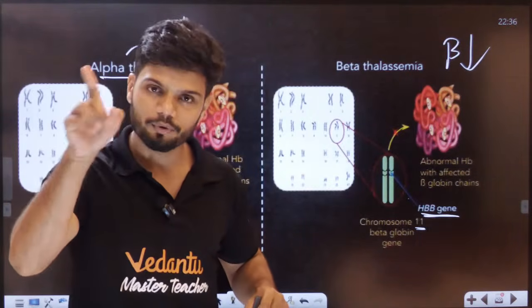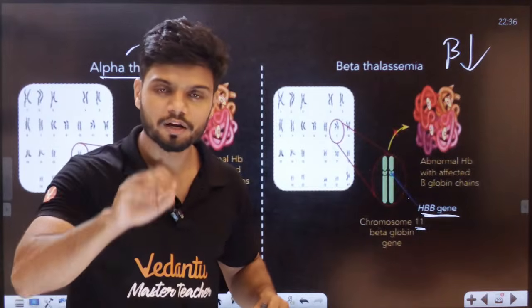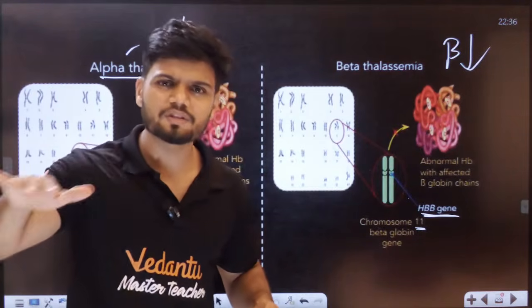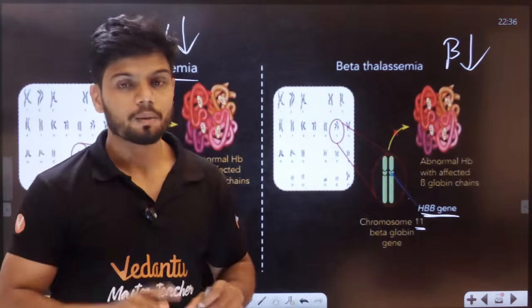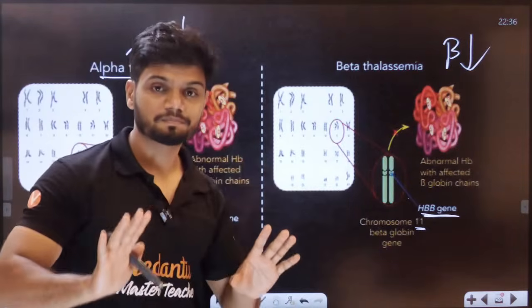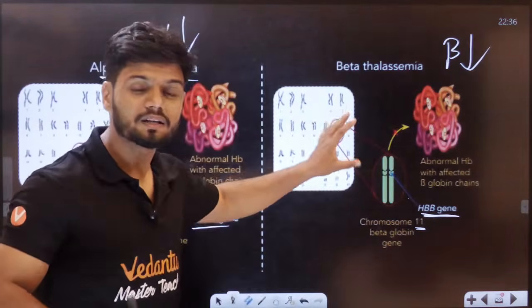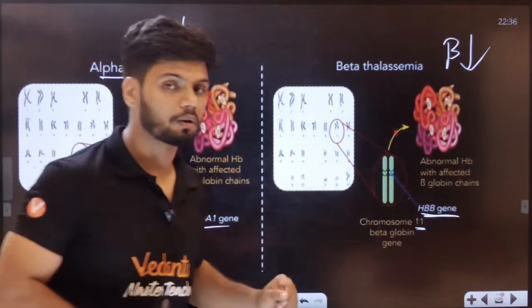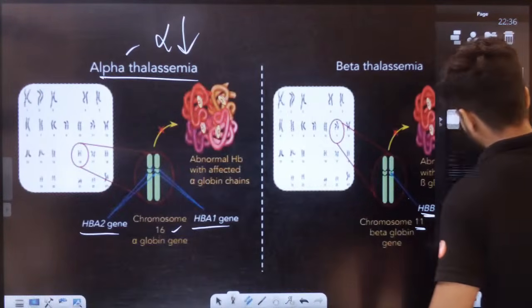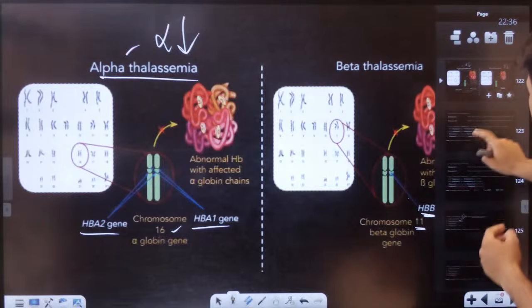Valine came in place of glutamic acid, so the quality of the chain is gone. But here the chain itself is missing. This is the quantity. Sickle cell anemia is a quality problem. Okay, students, so you can get such questions here.